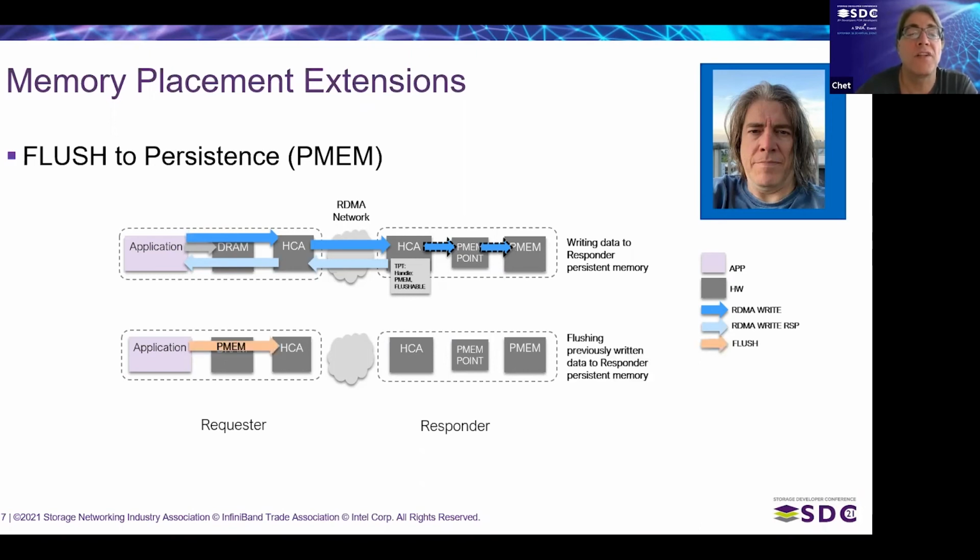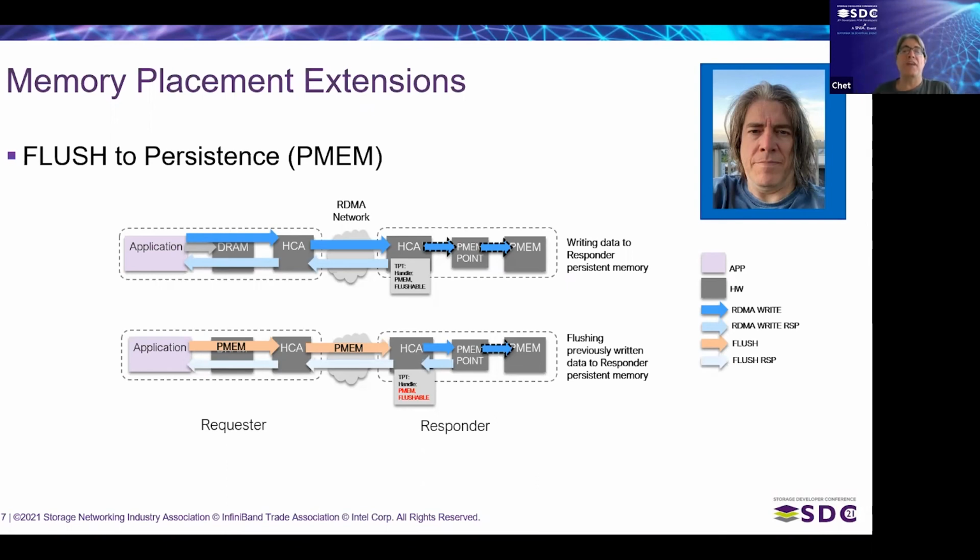In this case, the flush has the PMEM indicator set, saying flush this to persistent memory and give me a flush completion once that's happened. Same thing, the HCA looks it up and says, okay, this is a PMEM region and it's flushable. I'm going to allow the flush command, and that forces any remaining writes out of the pipeline and into the PMEM point, wherever that point is in your platform, and then you get the completion back.